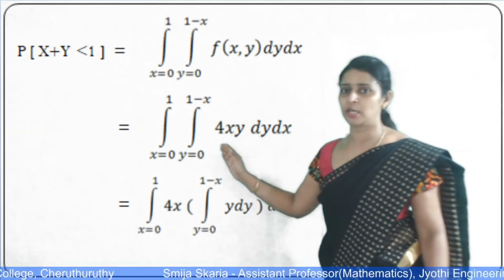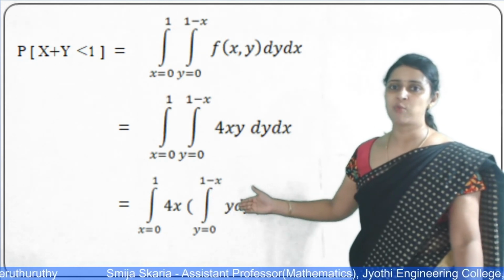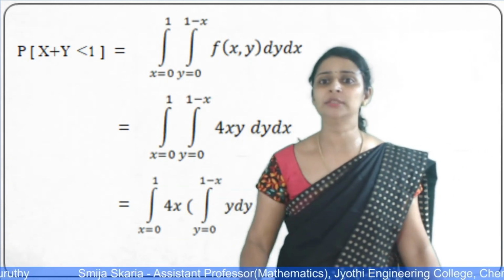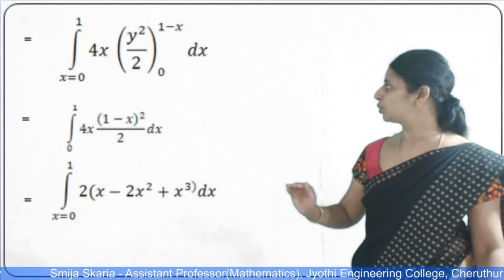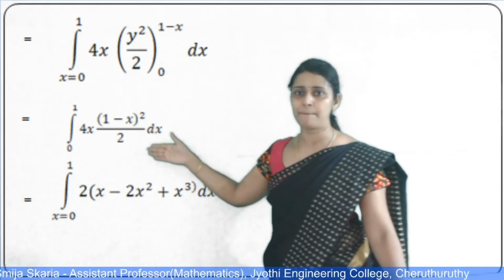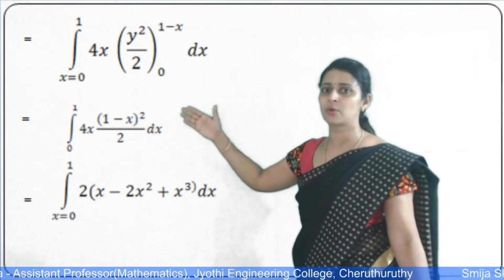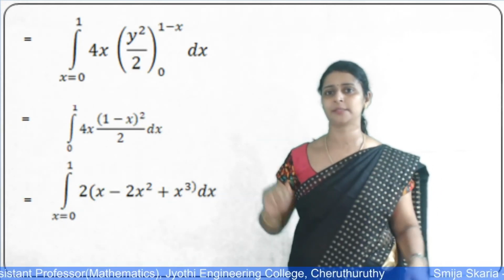So what is the integral with respect to y? Integral 0 to 1 minus x of y dy. Okay, so that integral is y square by 2 within the limit 0 to 1 minus x. Then applying the limit, we get 4x into (1 minus x) whole square divided by 2, dx.